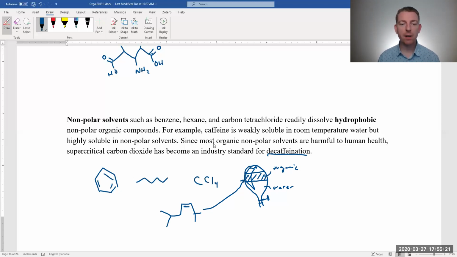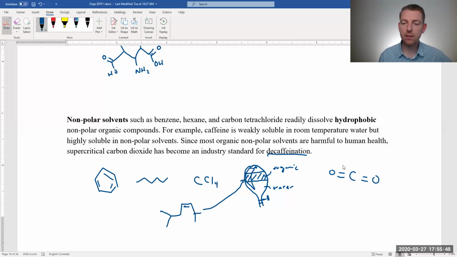So there's lots of organic non-polar solvents that have been used. We don't tend to use those anymore just because people get weirded out if we say that we've dissolved all of your coffee beans in hexane first, and probably for good reason. So we've gone in large part to just carbon dioxide, but supercritical carbon dioxide. So even though it's a gas, it behaves like a liquid.